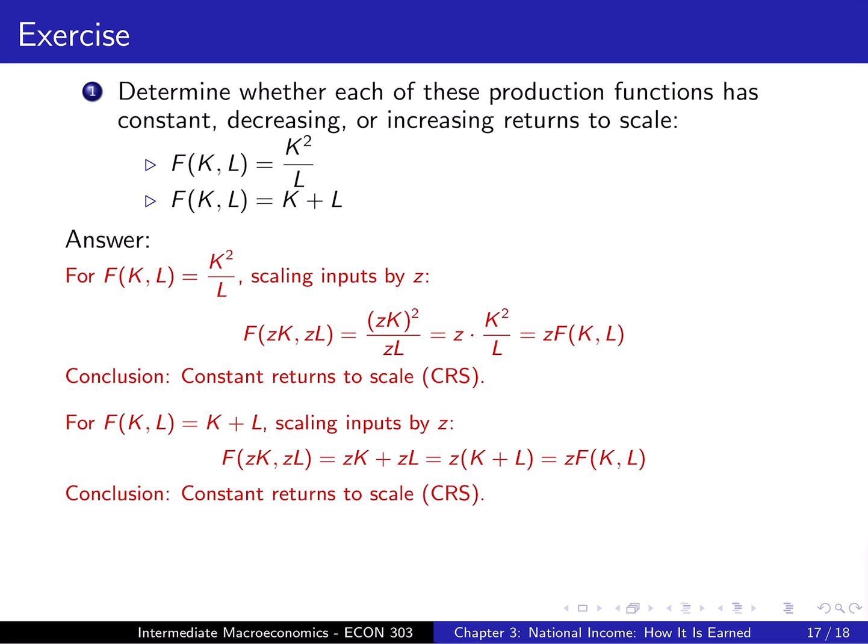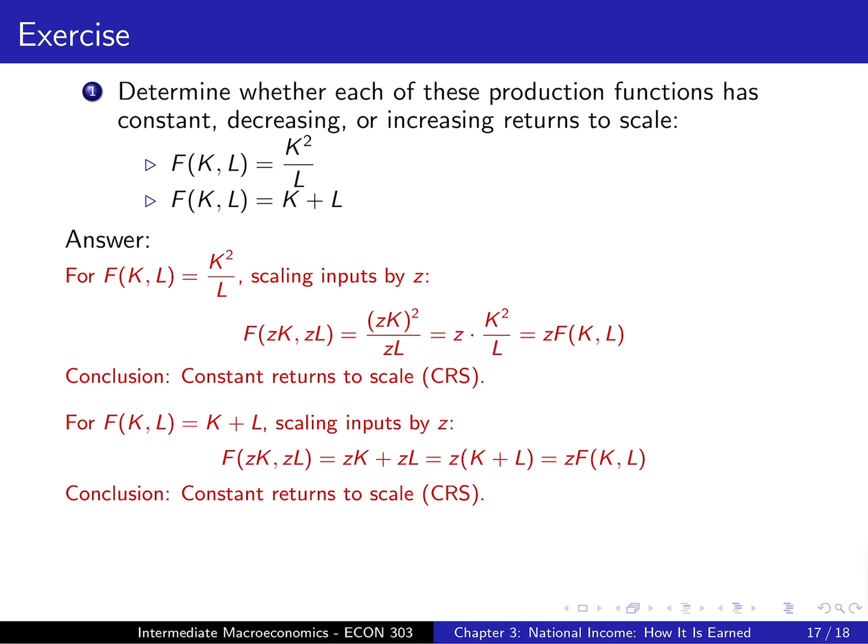So f(zK, zL) equals (zK) squared over zL equals z times K squared over L equals z times f(K, L). So when we scale both inputs by z, output increases by the same factor z. The conclusion is this function has constant returns to scale.